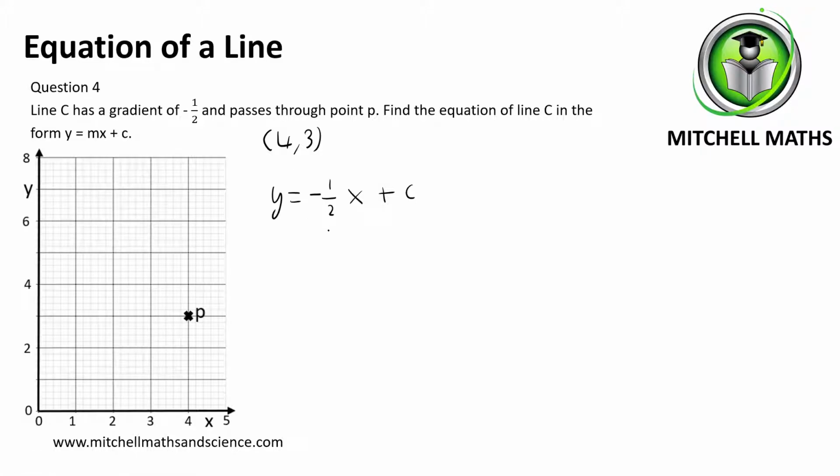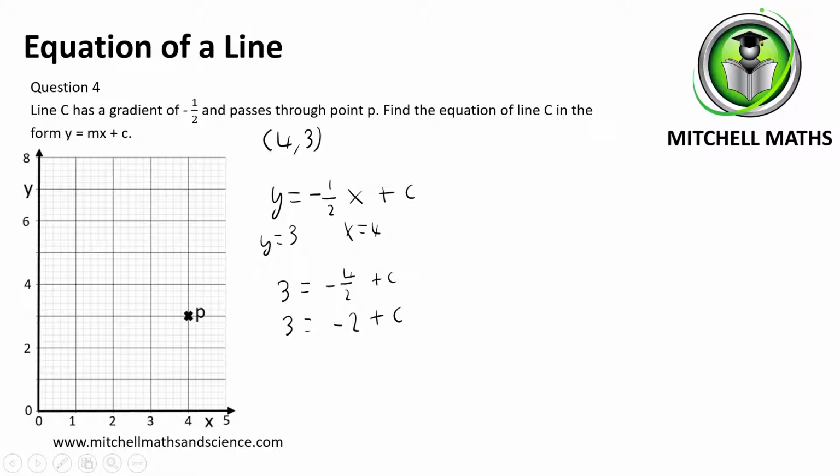If we look at this coordinate, we've got x equals 4, y equals 3, so I'm going to put those values in, and that'll give me 3 equals minus a half times 4, which is minus 4 over 2, so 3 equals minus 2 plus c.